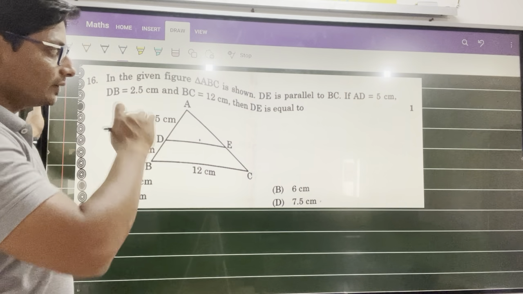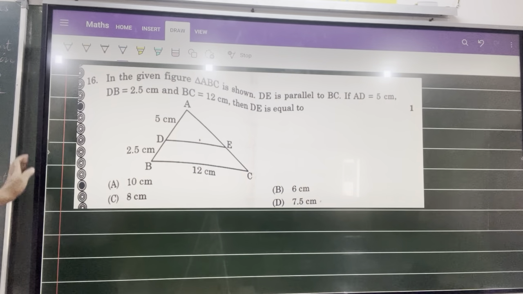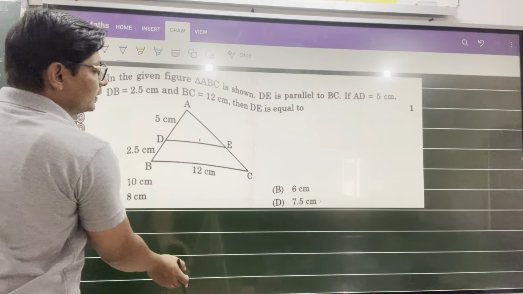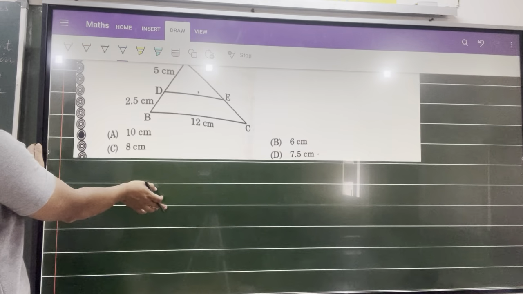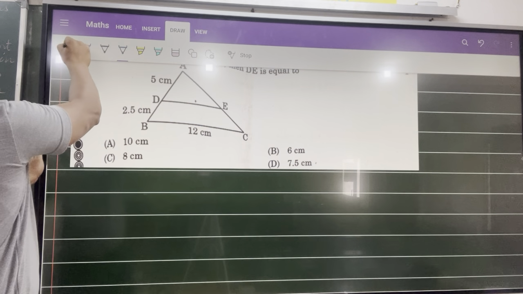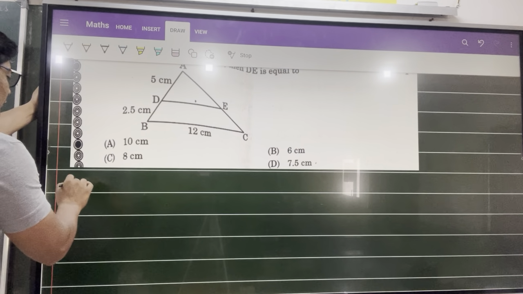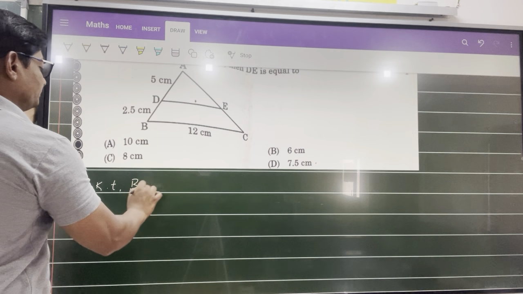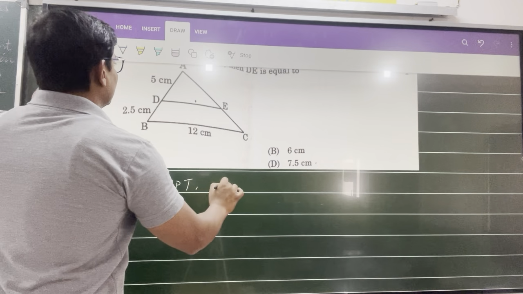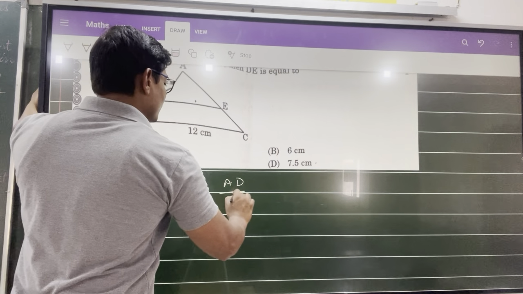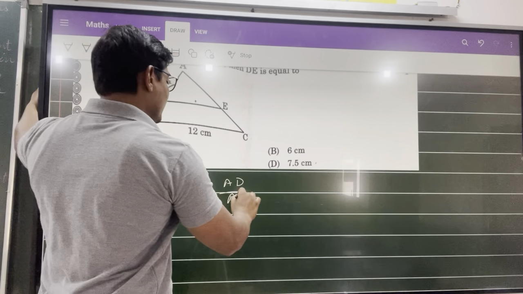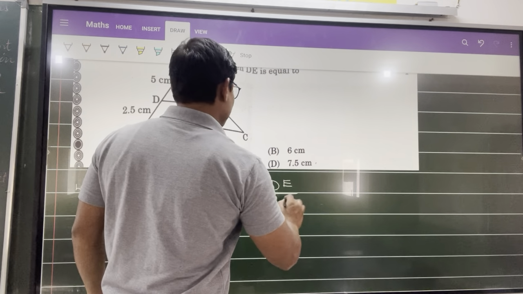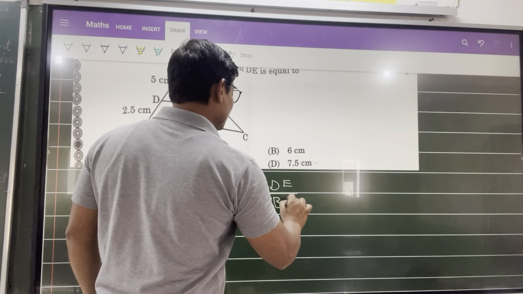So 16th question. In the given figure, triangle ABC is shown. DE is parallel to BC. If AD equals 5 and DB equals 2.5 centimeter and BC equals 12 centimeter, then find DE. So by using BPT theorem, very easily we can find this value. So according to BPT, AD upon AB will be equal to DE upon BC.